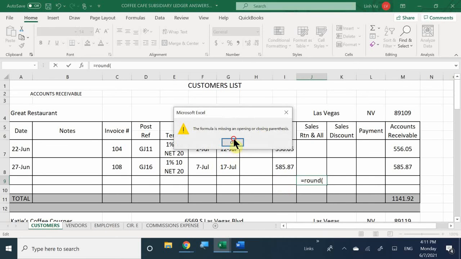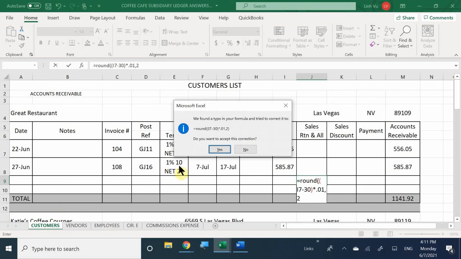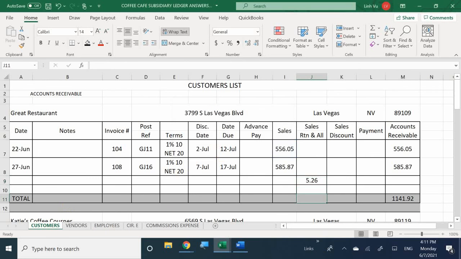And my formula will not work. Okay. Let me just erase everything here. Okay, so $5.26. Good. Yes.